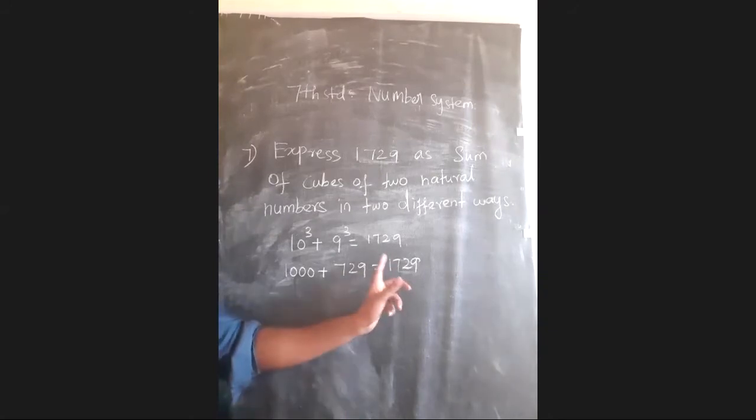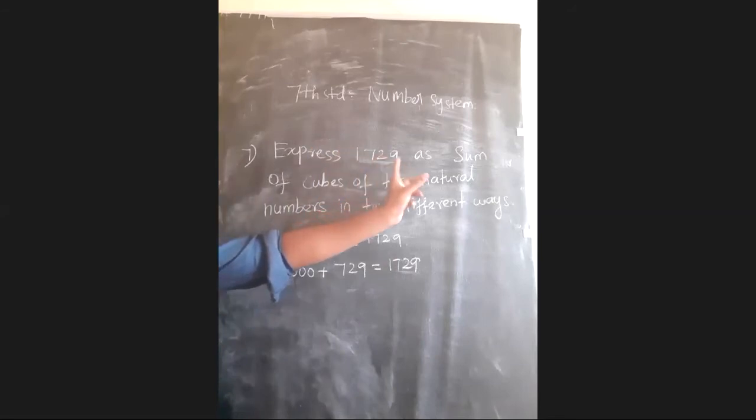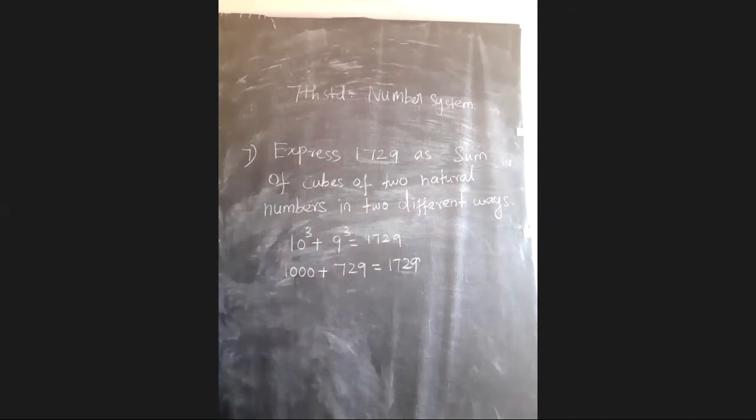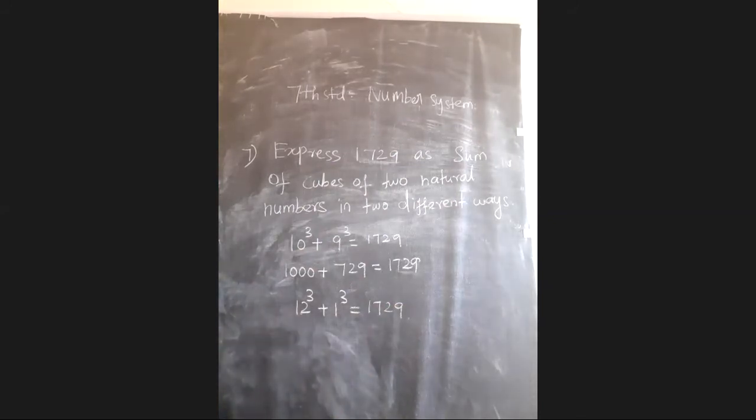Okay. So the answer is 1729. Express 1729 as the sum of cubes of two natural numbers. So here we have written the sum of cubes of two natural numbers. Another format: 12 cube plus 1 cube is equal to 1729. What is the value of 12 cube? 1728.